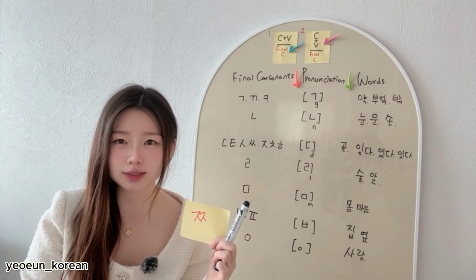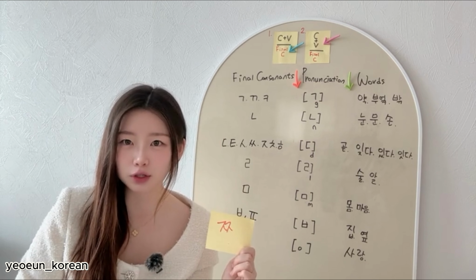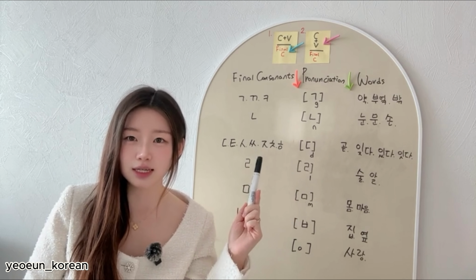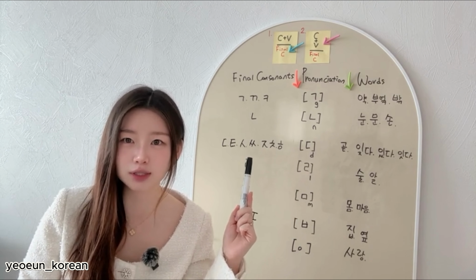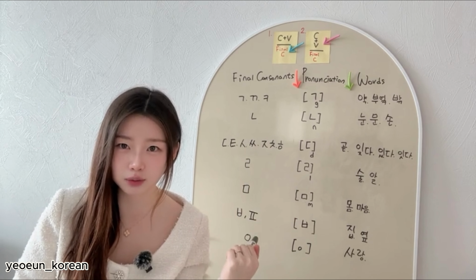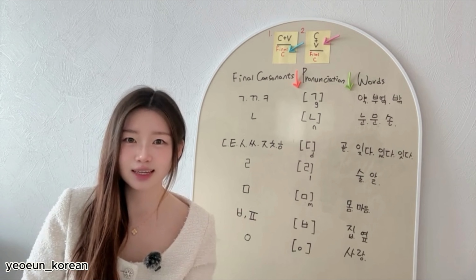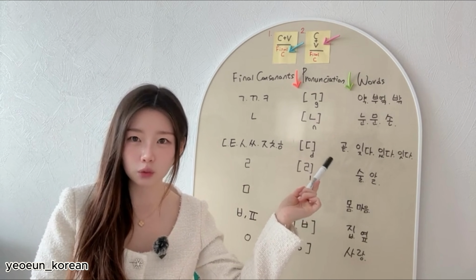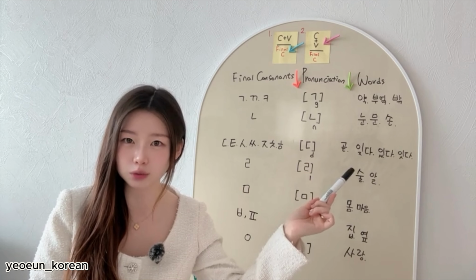Actually, that was my mistake. It was a typo. It is important to know that S is the only double consonant that we can use for the final consonant. Alright, so we have a word here, 곧, which means soon.